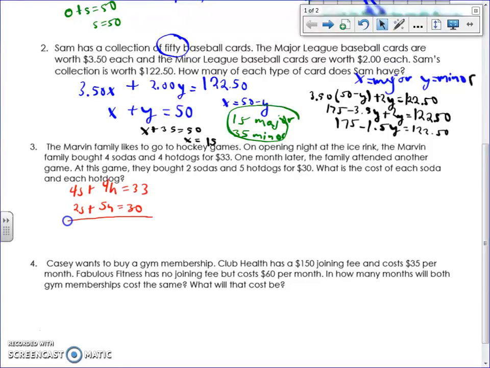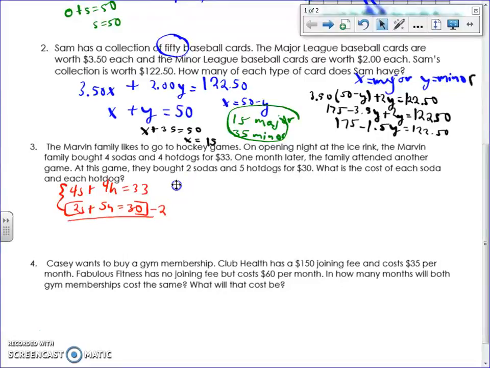I think this one lends itself better to the elimination method. So I am going to multiply my bottom equation by -2, because that's going to cancel out with this positive 4 here. Looking at my coefficients, it's a lot easier to get rid of these two than these two, because I'm going to have to multiply this by 5 and by 4 to get 20s, and that's just going to be extra steps.